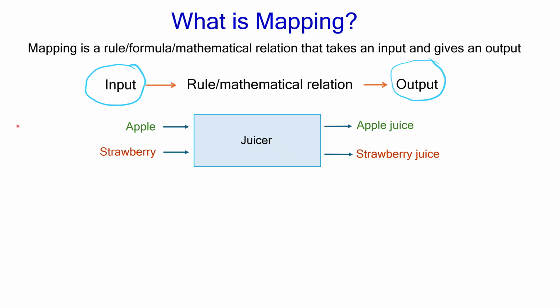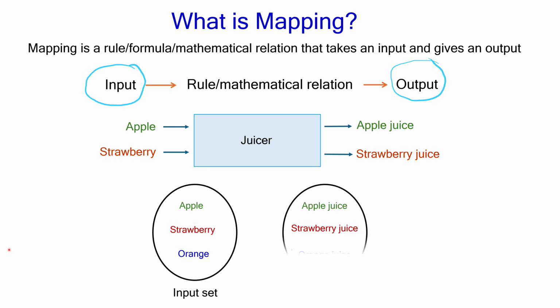Now let's try to understand this with the help of number concept. Before numbers, we will consider two sets. One is the input set, the other is the output set. Here apple, strawberry, orange, these are the input because apple goes to apple juice.